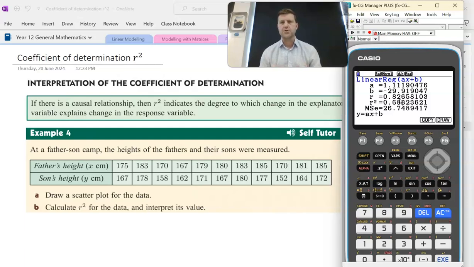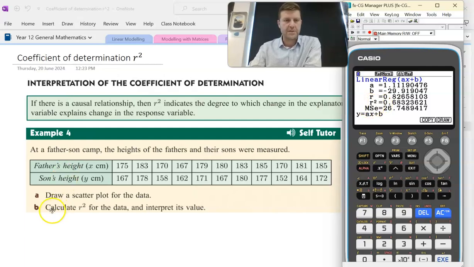It's almost a strong positive correlation between those two variables, which suggests that there is a causal relationship between the height of a father and the height of his son. So there is some connection, relationship, correlation between how tall the father is and how tall his son would be.